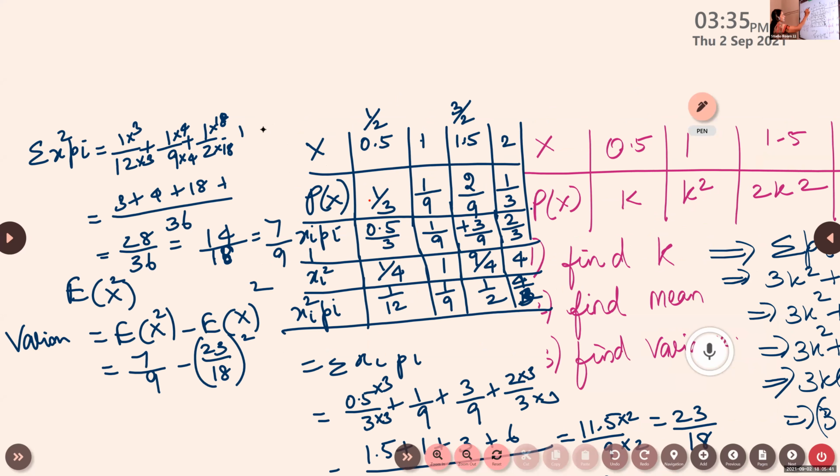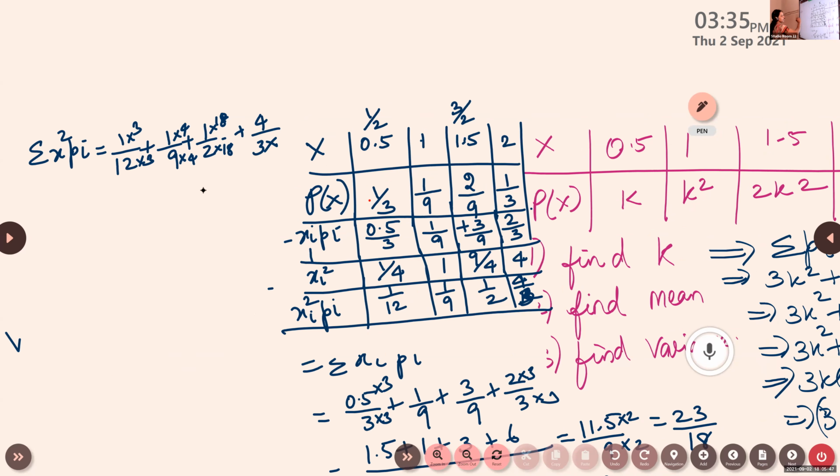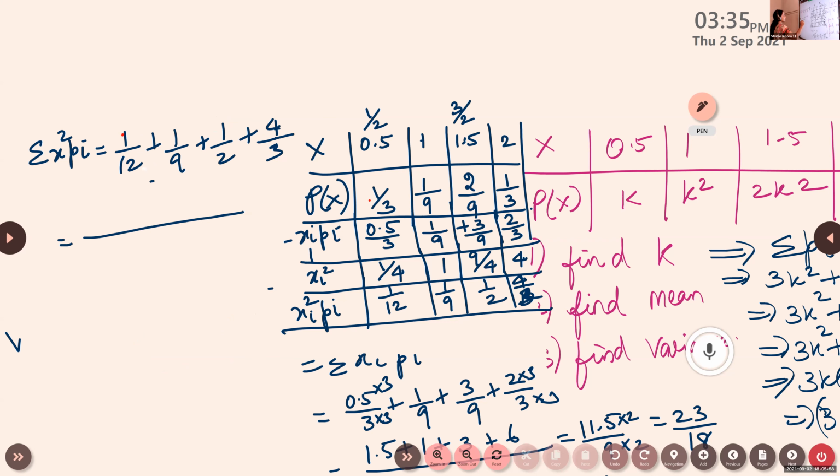Plus 4 by 3. So 1 by 12 plus 1 by 9 plus 1 by 2 plus 4 by 3. Again, you can take the common LCM as 36. So 3 plus 4 plus 18 plus 12 fours are 48. Is it correct?